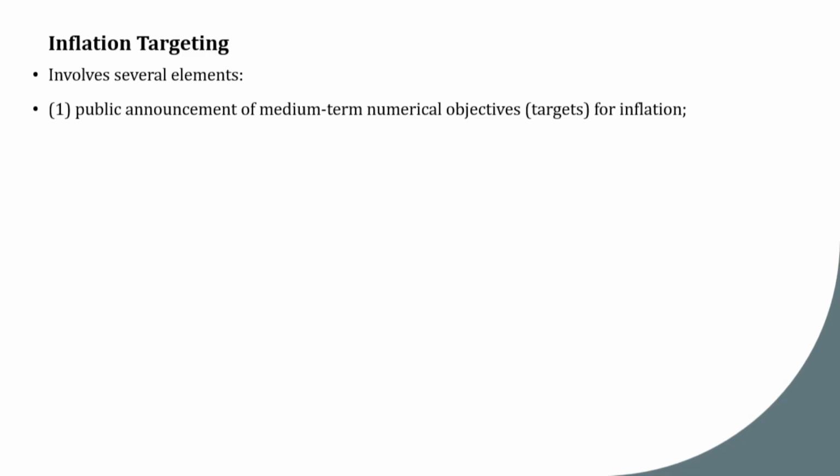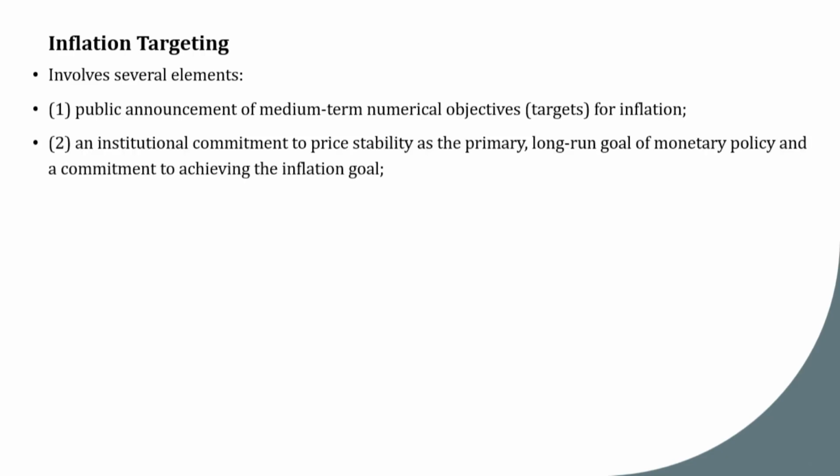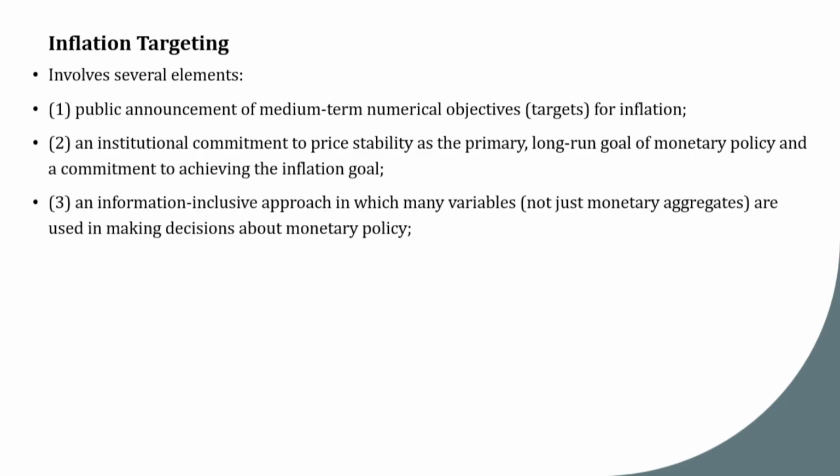That is the public announcement of the medium-term target. Second, an institutional commitment to price stability as the primary and long-run goal of monetary policy, and a commitment to achieve the inflation goal. By using inflation targeting, the central bank's main focus is that there shouldn't be any instability in inflation, always within the limit. So that's an institutional commitment to price stability.